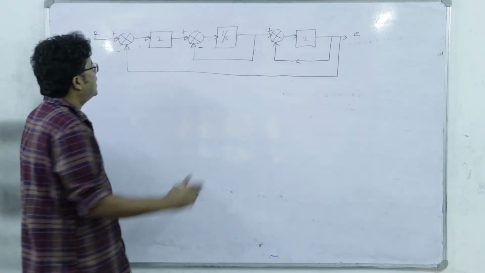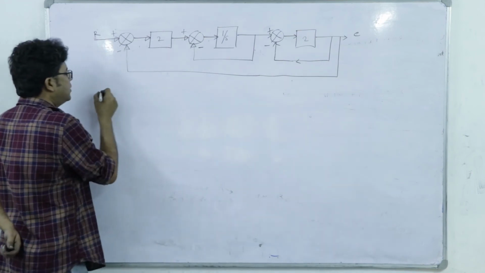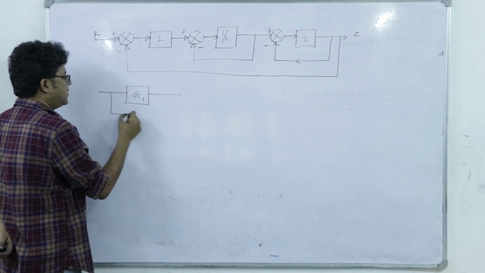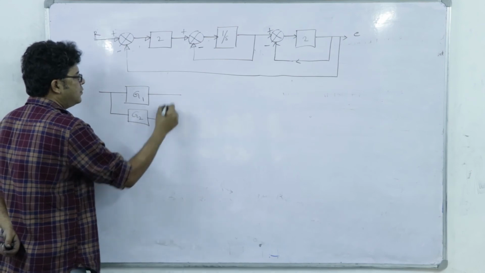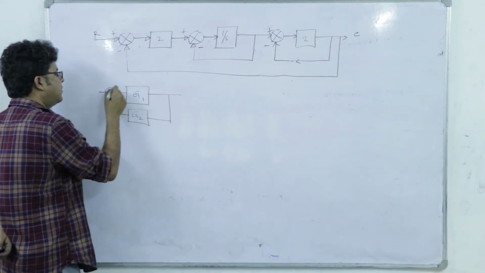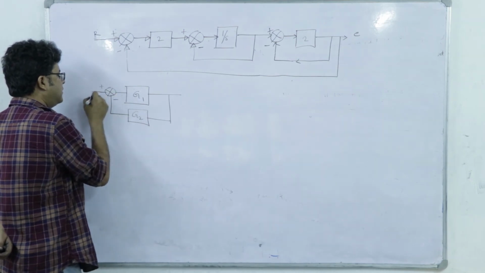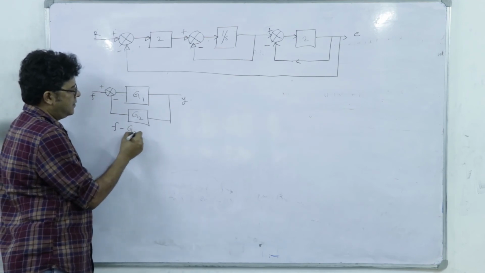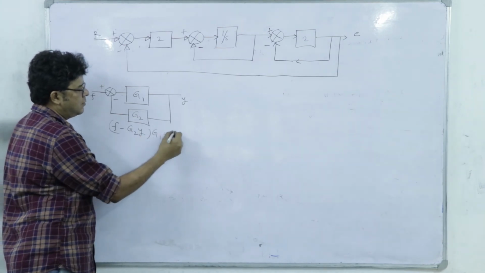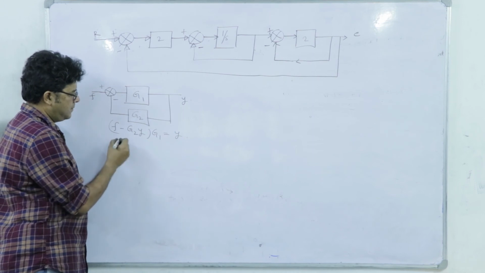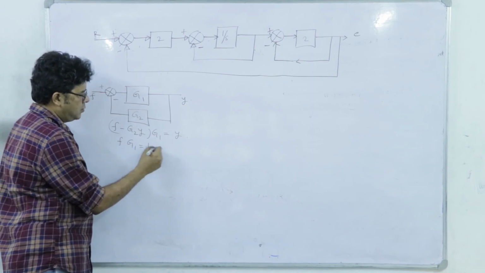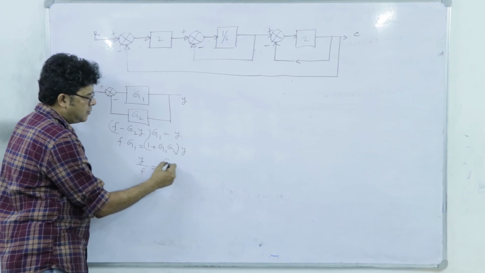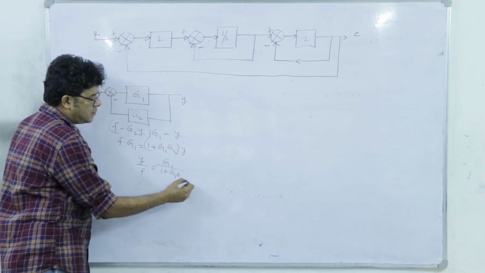Note that in block diagram simplification, we have a very simple rule: if I have G1 here and G2 here, and here we have plus and minus, this is F, this is Y. So you see that F minus G2Y whole bracket G1 equals Y. So F into G1 is equal to 1 plus G1 G2 whole Y. So Y by F is equal to G1 divided by 1 plus G1 G2.